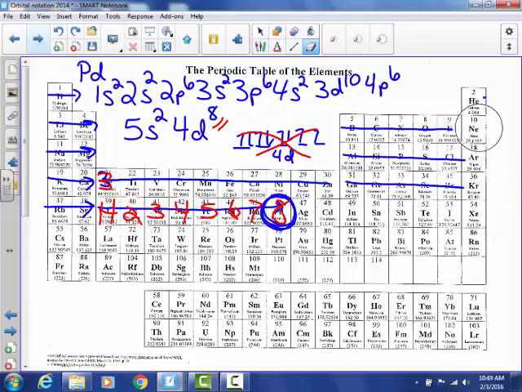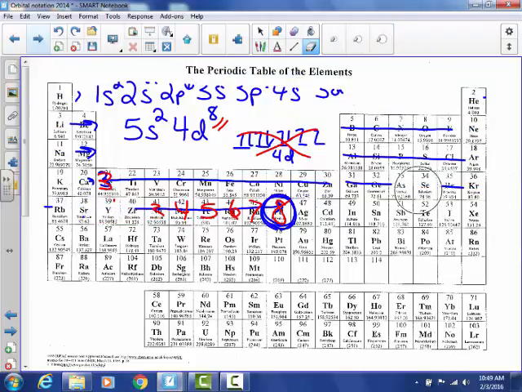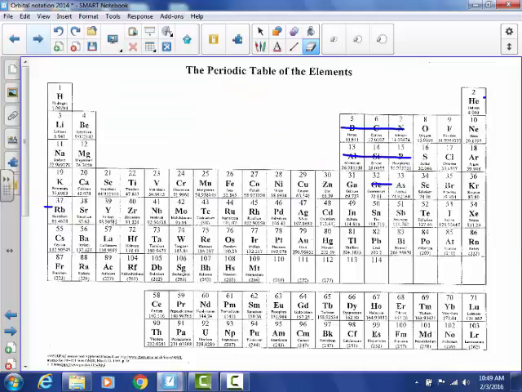I'm going to have you practice, but we're going to go back to a few simple ones here. So, let's go back to fluorine, and you write the electron configuration for fluorine.